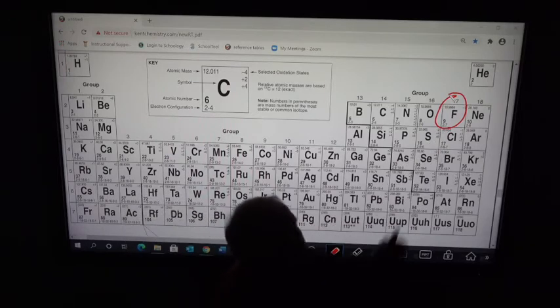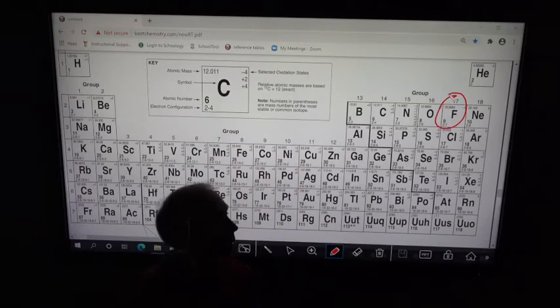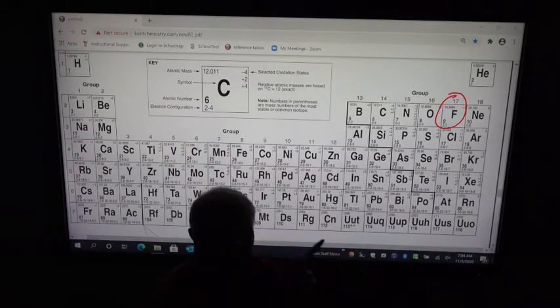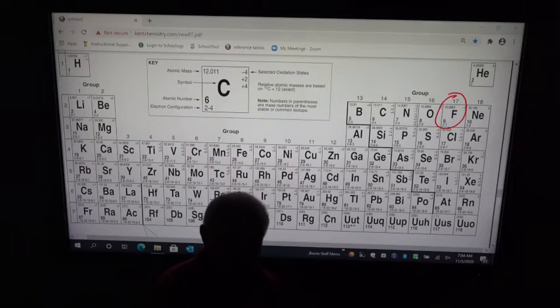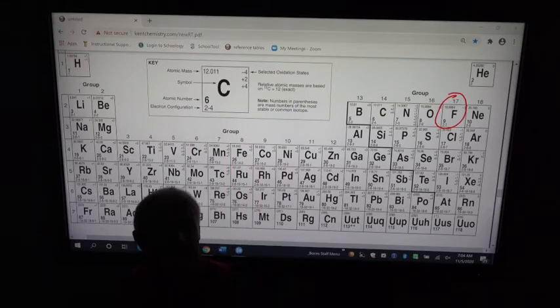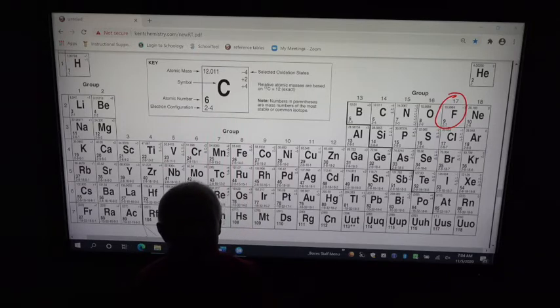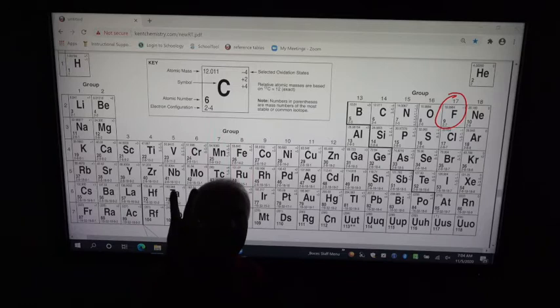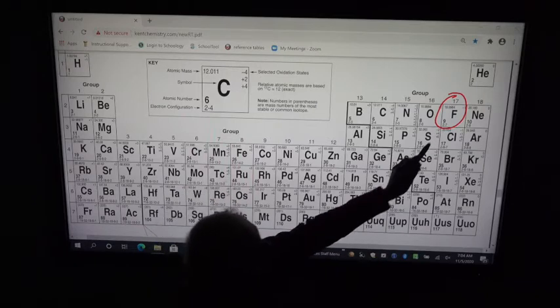Fluorine only needs 1 more, and it only has 2 shells. So fluorine is small, it only needs 1 electron, so it really is a strongly electronegative element. It will rip electrons off just about any element. Fluorine's electronegativity is the biggest at 4.